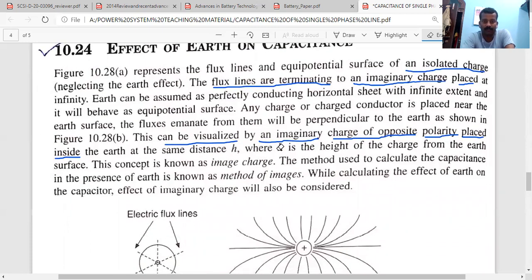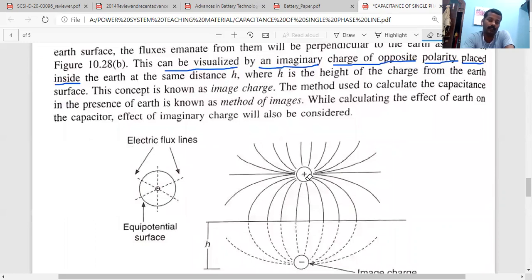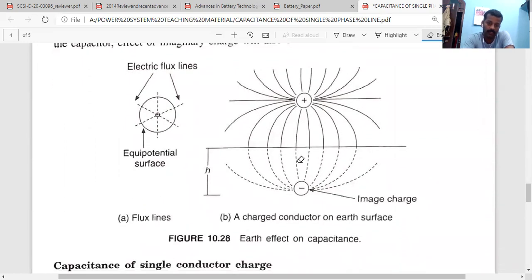This can be visualized by an imaginary charge of opposite polarity placed inside the Earth at the same distance h. From this is our surface. Suppose this is height h, and its opposite charge, or its image charge, will be considered at a depth in the Earth at the same distance.